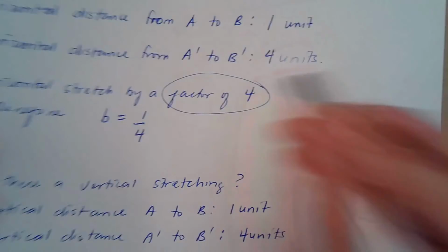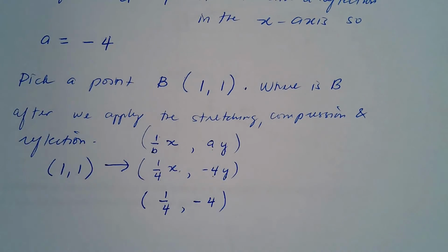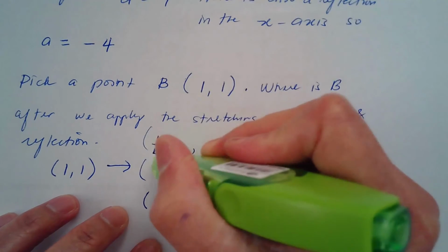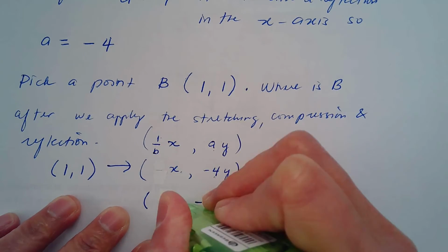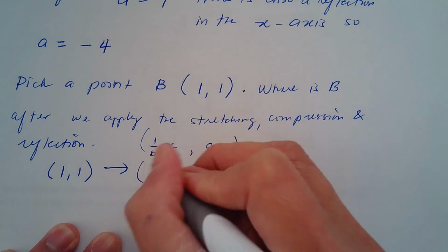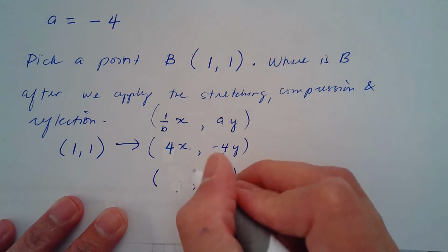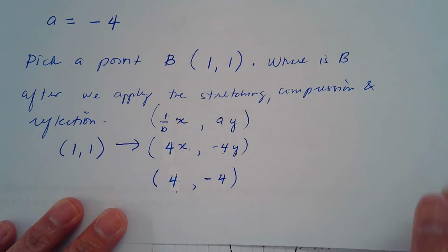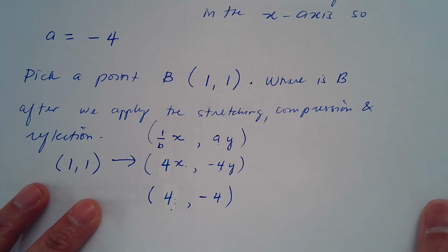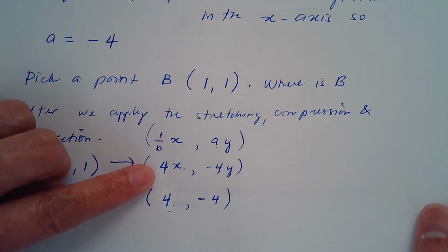Oh no, back up, factor of 4, 1 over B, so that's going to be 4x. So it's going to be at 4, negative 4. B is 1/4, so if I go 1 divided by 1/4, that's 4.